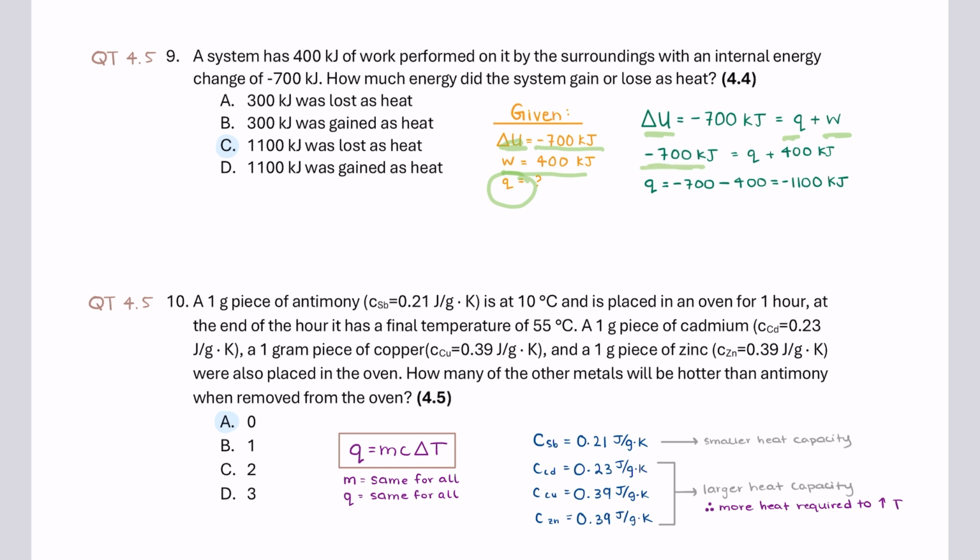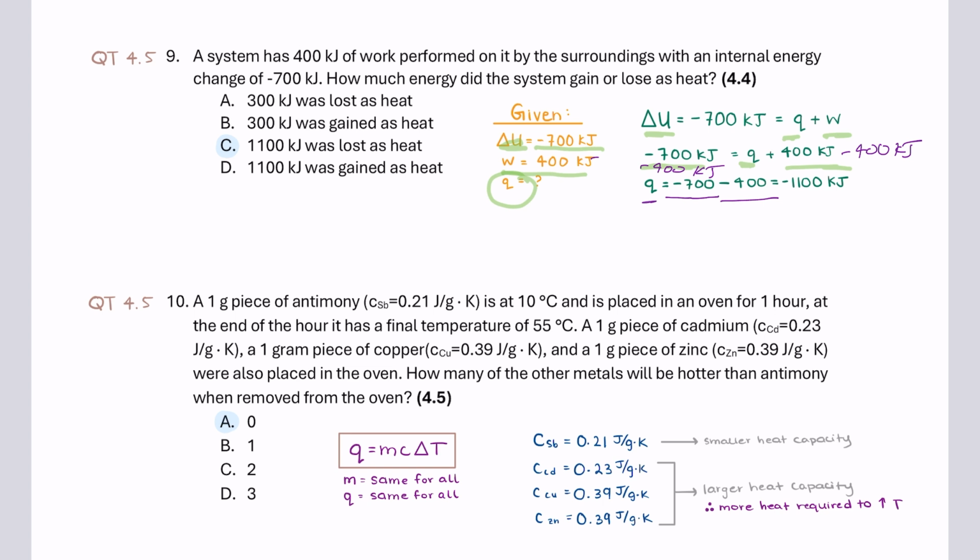Negative 700 kilojoules equals Q plus 400 kilojoules. To solve for Q, we are going to subtract 400 kilojoules from both sides. This gets us that Q is equal to negative 700 minus 400, and that is equal to negative 1,100 kilojoules.